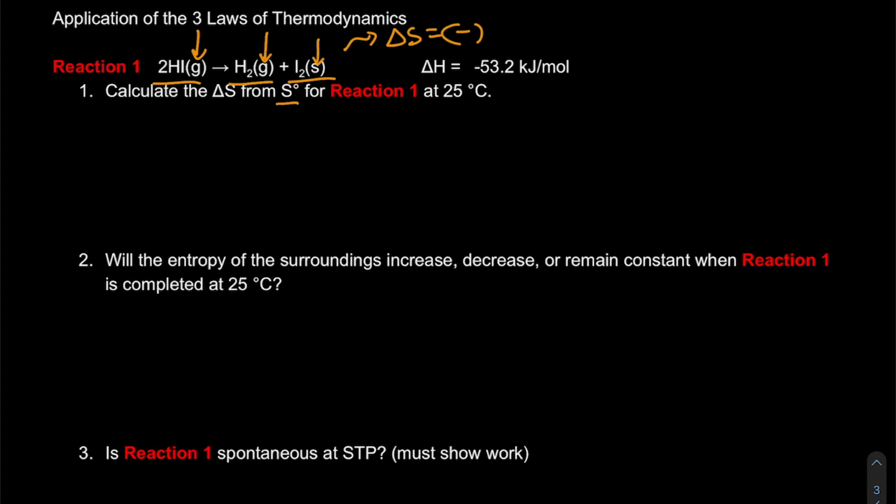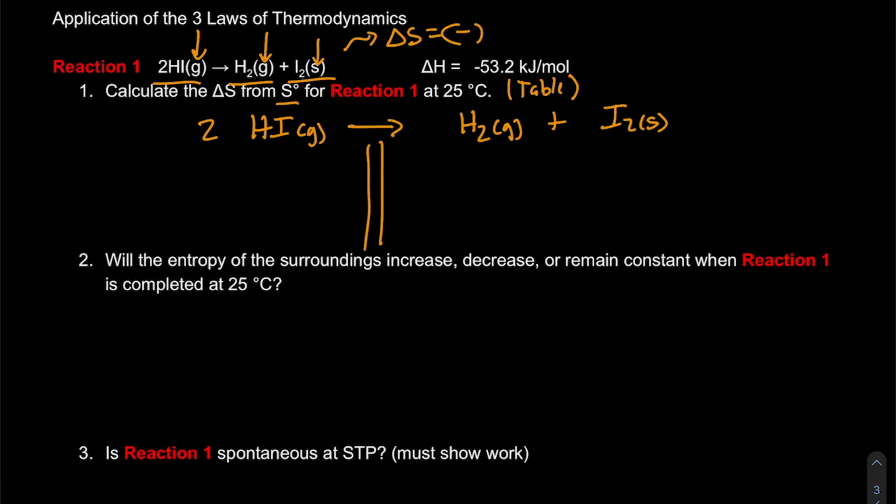We're going to do that from standard entropies, and these are all in a table that we can look up. So I'm going to rewrite our reaction here and show the entropies for each of these. We have our hydrogen iodide gas producing H2 and I2 solid, and I'm going to delineate between our products and our reactants. If we go to a table, we find that for HI we have a value of 206.6 joules per mole Kelvin.